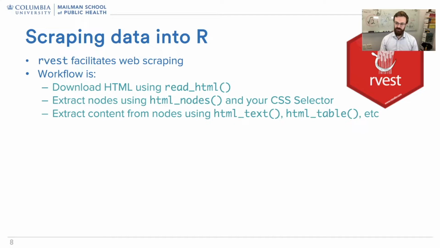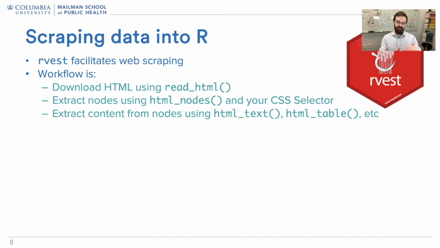The package that we're going to use to do this is the rvest package. That's a pun. The rvest package is designed to facilitate web scraping, or pulling data from the web. The process we're going to use is to find a website where you want to get data, read the HTML, not into a browser, but into R using read_html, and then use html_nodes and the CSS selector you've identified to extract the nodes from that HTML that you need.